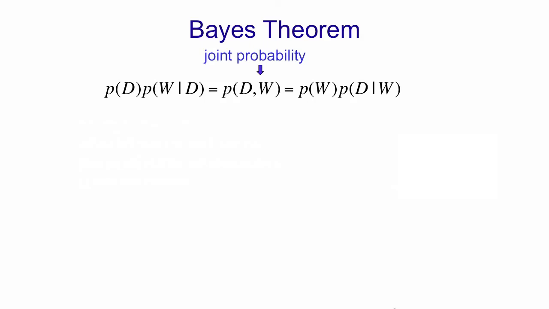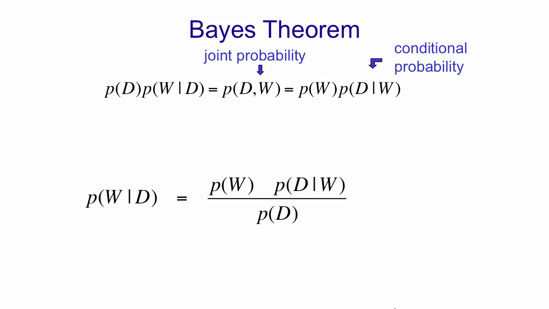That joint probability can be rewritten as the product of an individual probability and a conditional probability. So on the right we've written it as p of w times p of d given w, and on the left I've written it as p of d times p of w given d. Now we can divide both sides by p of d, and that gives us Bayes' theorem in its usual form.